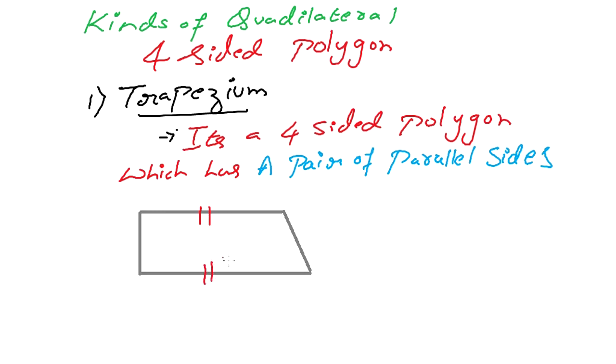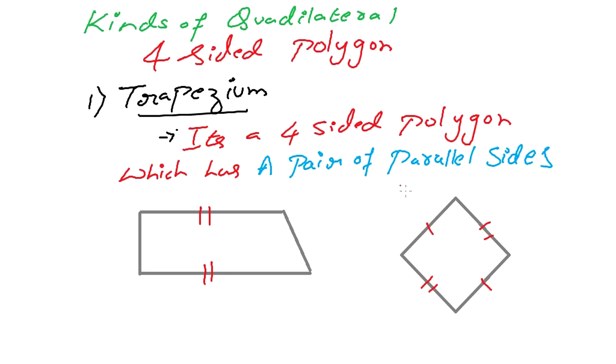Therefore, this can be called a trapezium. A trapezium can also be like this. This can also be called a trapezium, where this side is parallel to this side and these two sides are parallel as well. Therefore, in this there are two pairs of parallel sides. This can be called a trapezium because it has at least one pair of parallel sides.